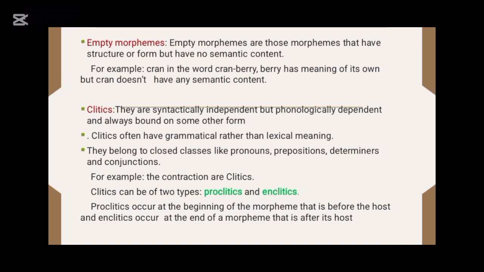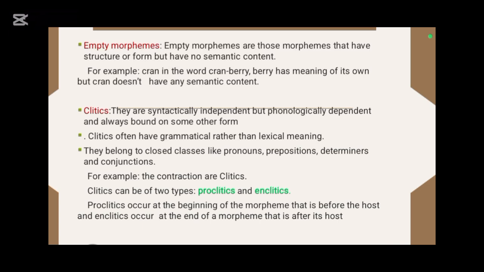Examples of clitic morphemes are contractions in English, such as in the sentence we use "What's happening?" So contraction is a clitic, and clitics can be of two types: proclitics and enclitics. Proclitics can occur at the beginning of the morpheme, and enclitics occur at the end of the morpheme.